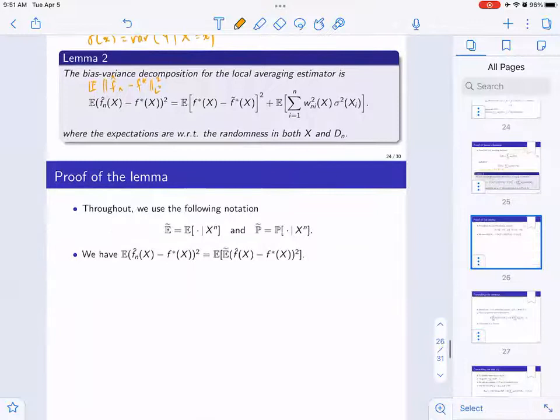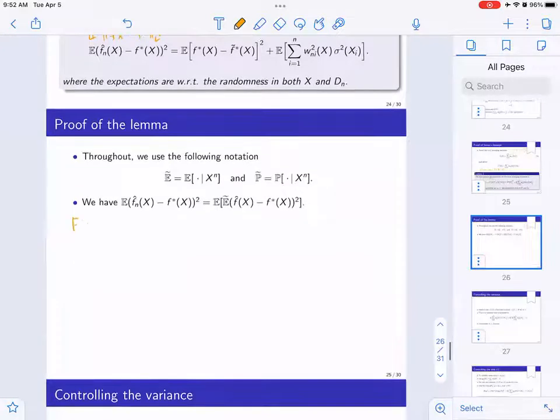So that's the notation that I have. This is the identity that I mentioned. So what we're going to do to prove this, we first fix little x, and then look at the expectation tilde, which is conditional on X_n, of f hat of x minus f star of x, squared.